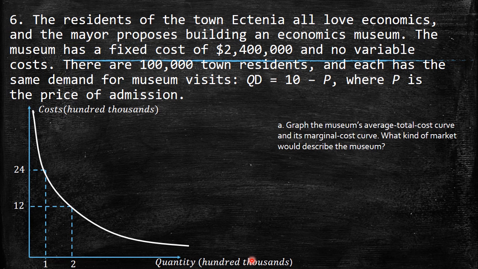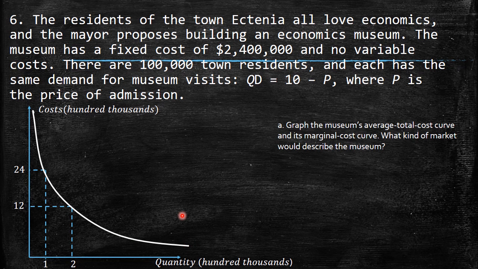The more quantity you sell, the more you divide the total cost, but it never is going to be 0, just approximately 0. It starts from 1, because you could sell half an entrance, but it doesn't make any sense. Then this is the average total cost curve.